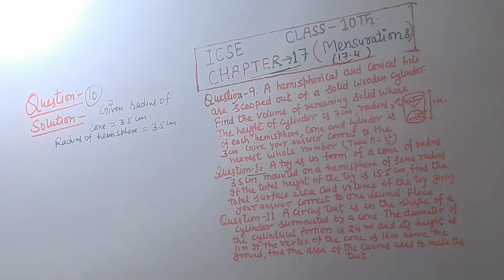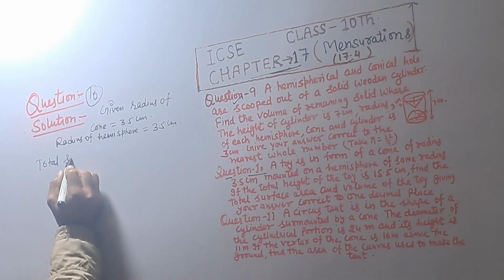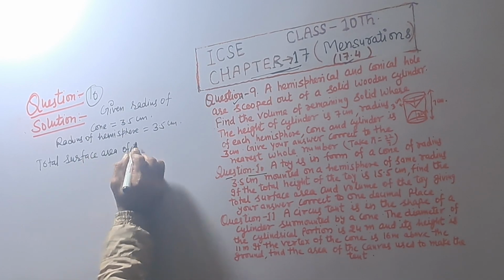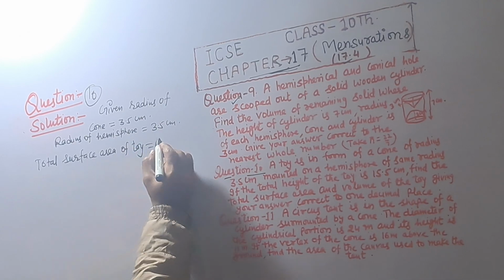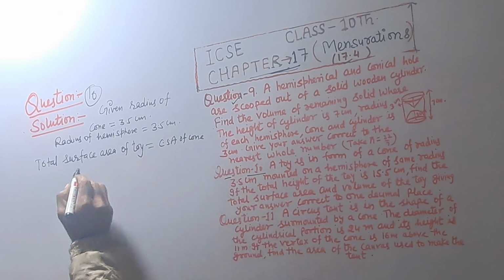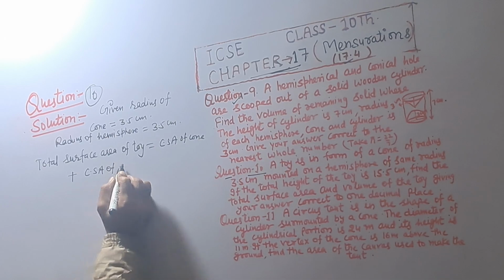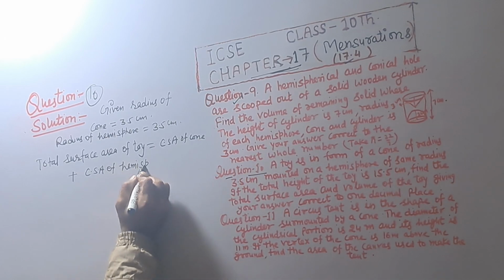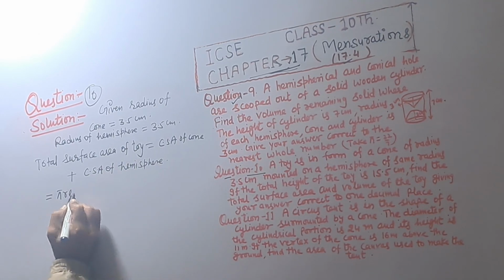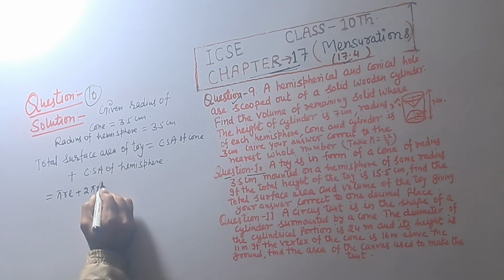Total surface area of toy is equal to curved surface area of cone plus curved surface area of hemisphere, equal to pi R L plus 2 pi R square.